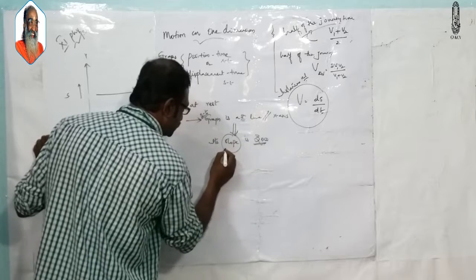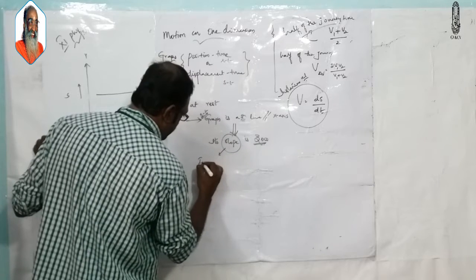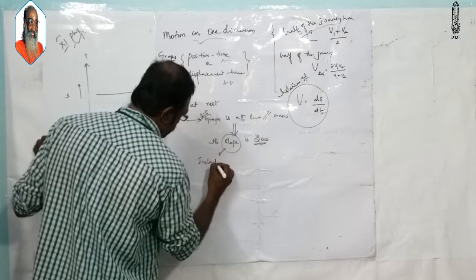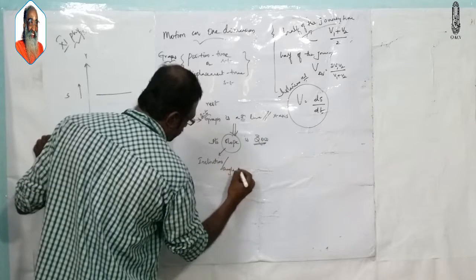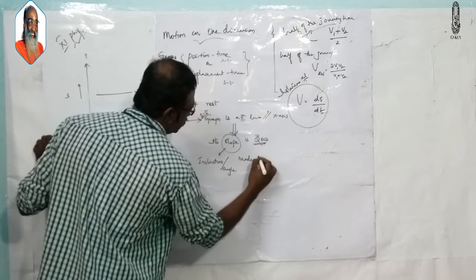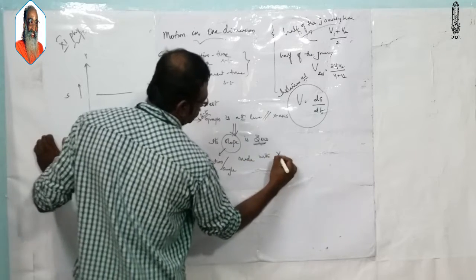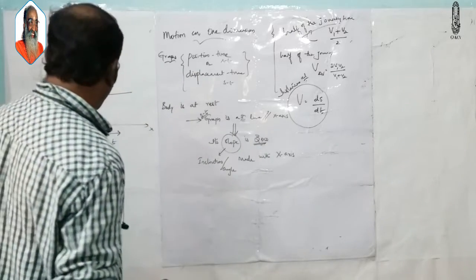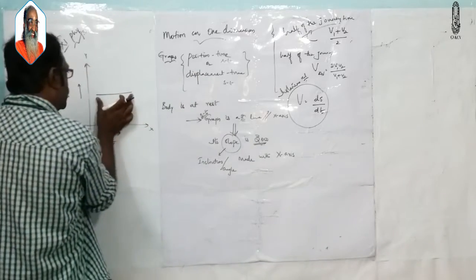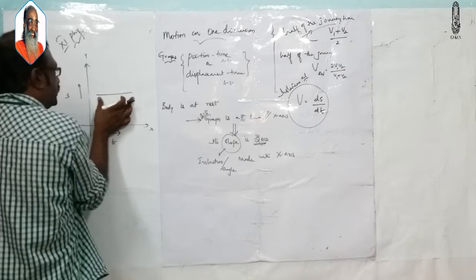It is the inclination or angle made with the x-axis. We will be calling it the slope. So here, if it is parallel to the x-axis, what is the angle made with the x-axis?